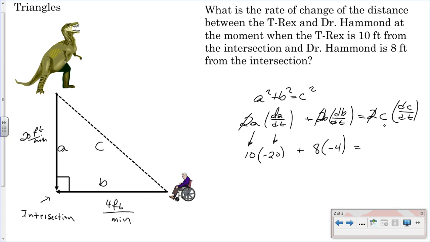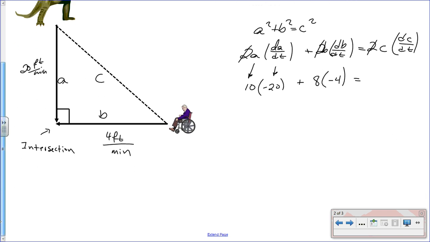Well, how do we find C? What we're going to have to do is say c squared equals a squared plus b squared. The dinosaur is going to be 10 feet from the intersection, so 10 squared, plus Dr. Hammond when he's 8 feet, so 8 squared.